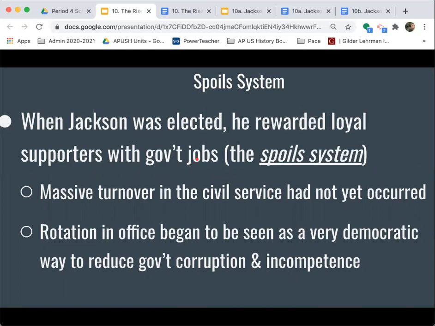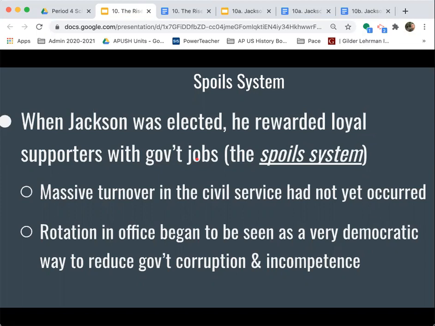All these government jobs, like post office man and tax collector, I'm going to give all these important jobs to my supporters. The people that supported me, they need these jobs because they supported me. They were loyal. I'm going to give them the jobs in the government and get rid of all the old people who've been in these government jobs, who are part of that old generation of the way things used to be done. It's the first time we see a huge turnover, a huge change in what's called the civil service, people that work for the government to support our country.